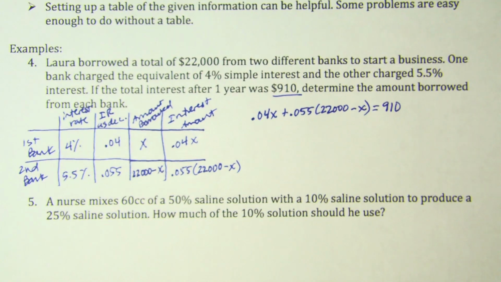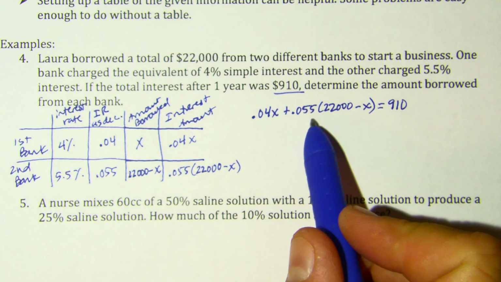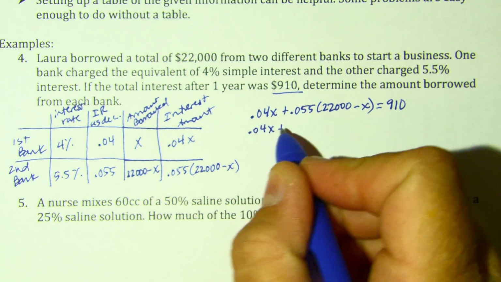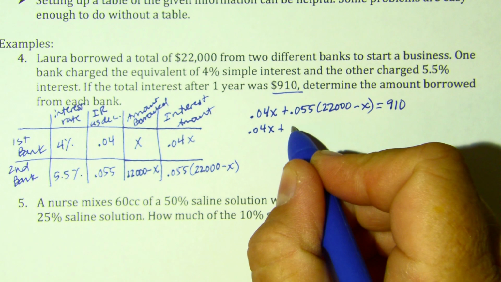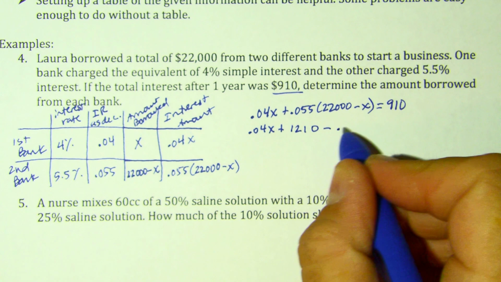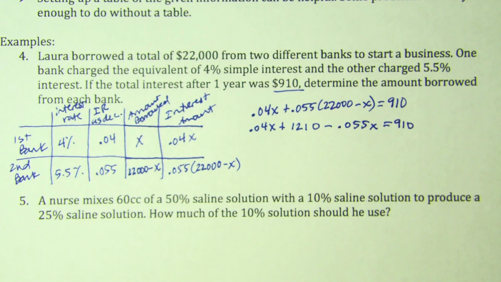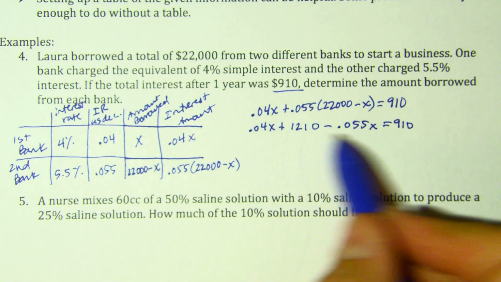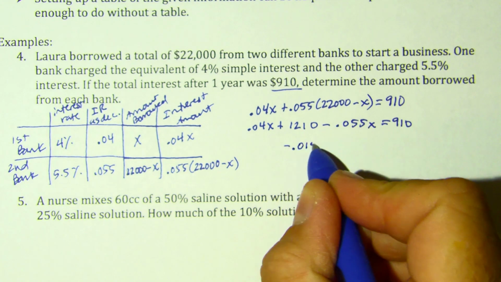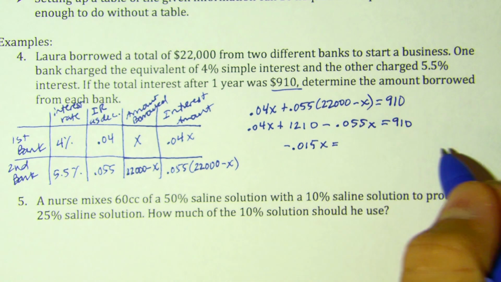Now, we could go ahead and distribute the 0.055 here, and distributing that, we get 0.04x plus 1,210 minus 0.055x equals 910. 0.04x minus 0.055x gives me negative 0.015x, and you can use a calculator to help you do these decimal calculations.